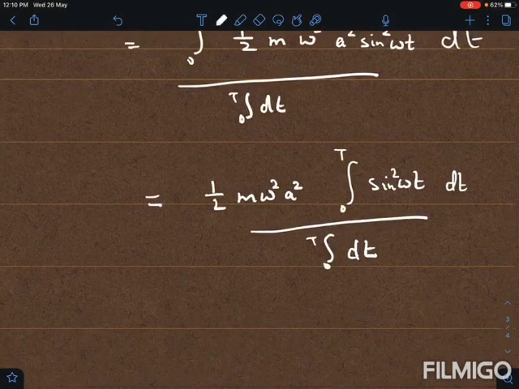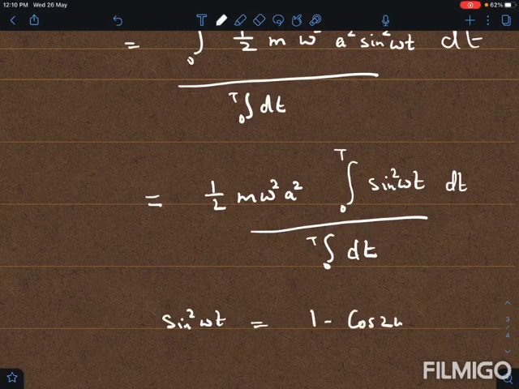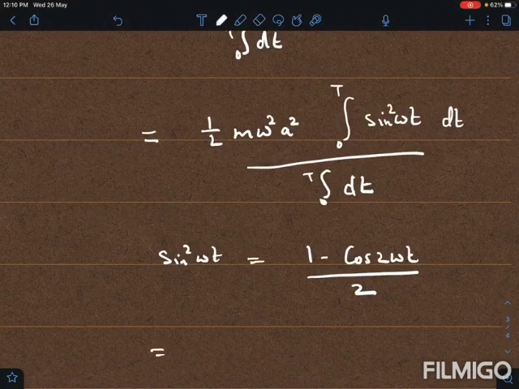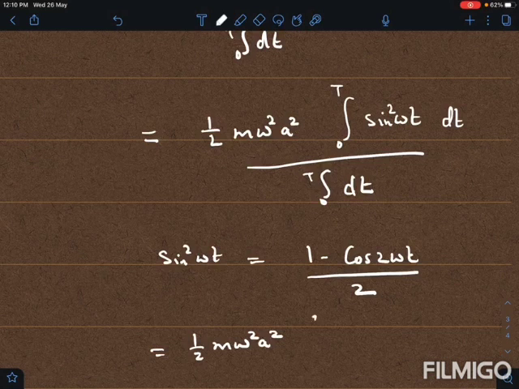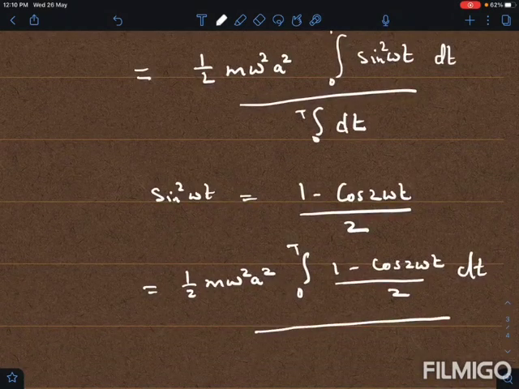Now sine square omega t, as you all know, is equal to 1 minus cos 2 omega t, by 2. So substituting in it, you have half m omega square A square integral 0 to T of (1 minus cos 2 omega t) by 2 dt, the whole divided by integral 0 to T dt.